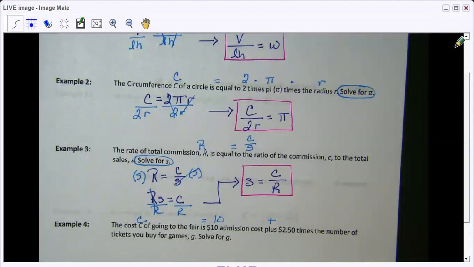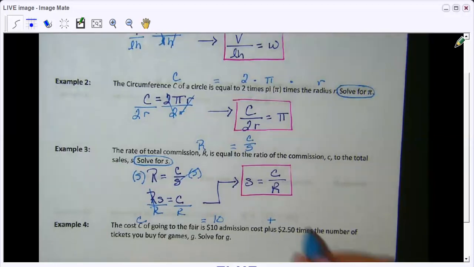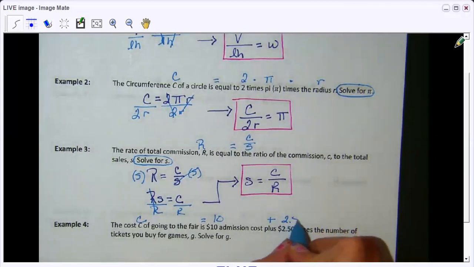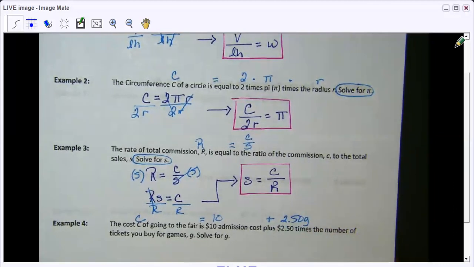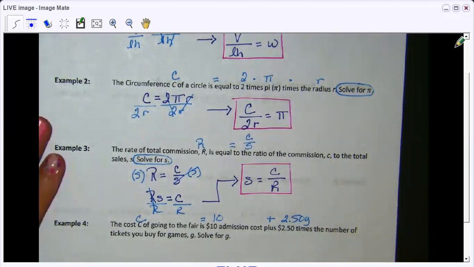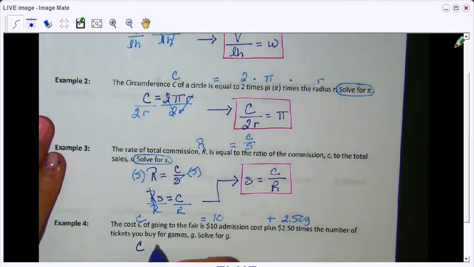Mason? 2.5 times the number of games, G. Savannah. Oh. Okay. Yes, 2.5G. Okay. C equals 10 plus 2.5G. And we're solving for G.